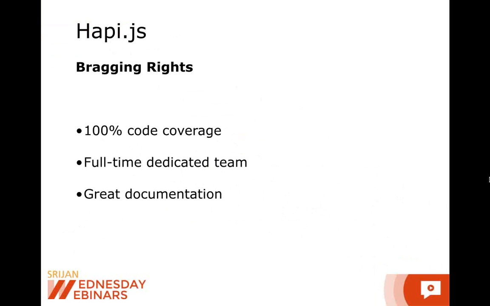So what you find from reading the documentation, you can actually guess. For example, after working on Hapi for a year or so, I'm now able to guess what I should send to get this kind of behavior.